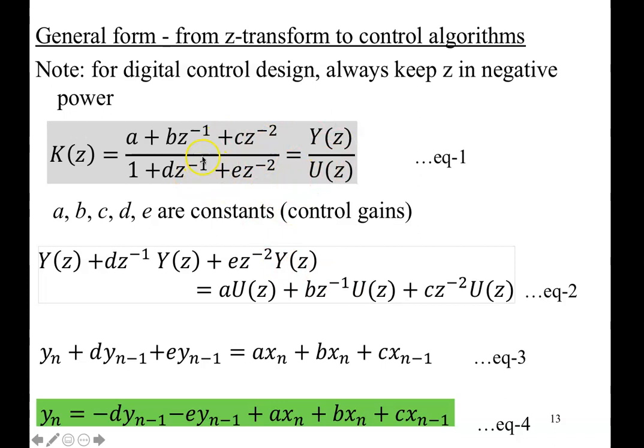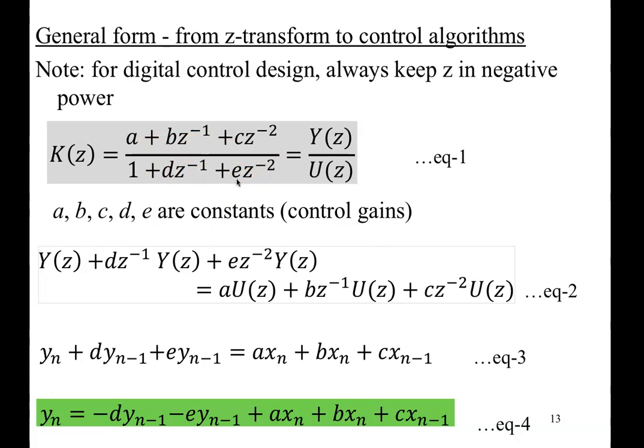It's a second order controller, and the transfer function in Z has, in the numerator, a plus b z^-1 plus c z^-2. In the denominator, I have 1 plus d z^-1 plus e z^-2. Now, a, b, c, d, e are constants. These are basically our control gains.